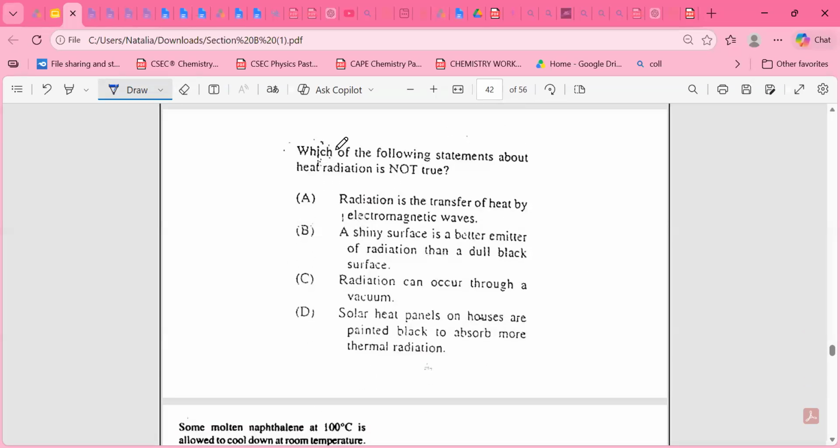Which of the following statements about radiation is not true? B. Shiny surfaces are better reflectors, not emitters, reflectors.